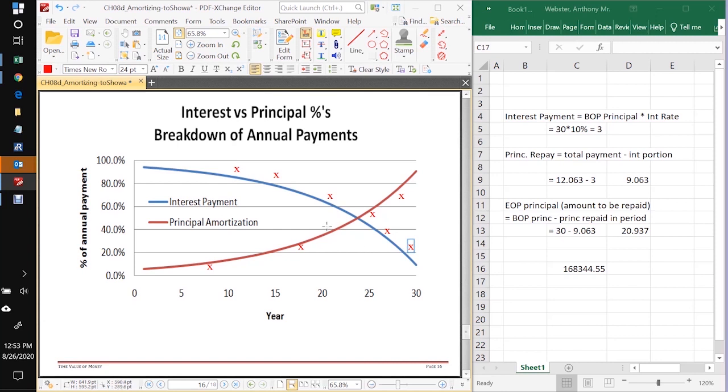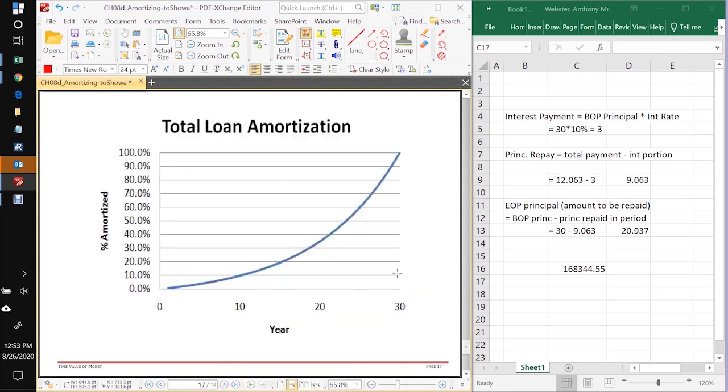But the interesting thing about this is not linear, okay? The amount you're paying down the principal is growing exponentially, and the interest that you're paying is declining exponentially. So that has some sort of horrifically bad consequences for the borrower.